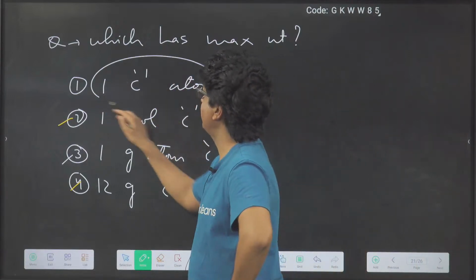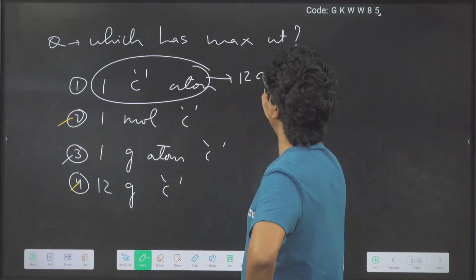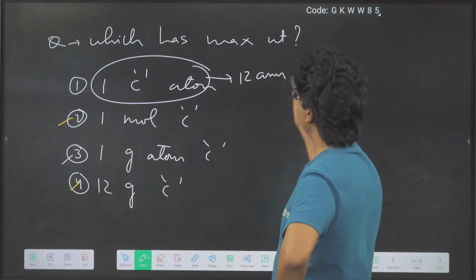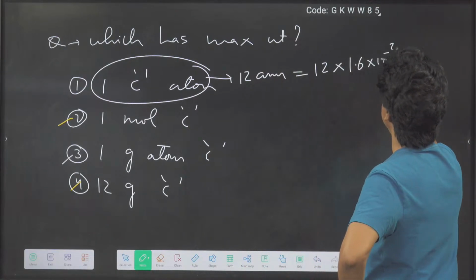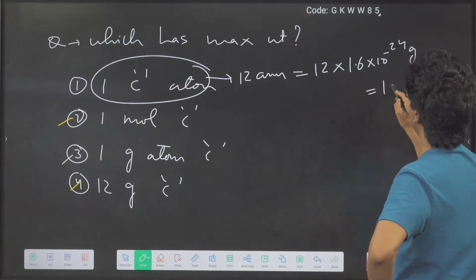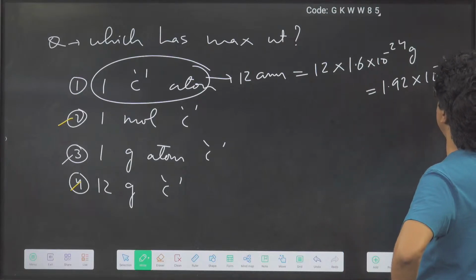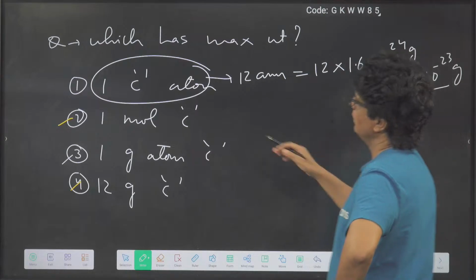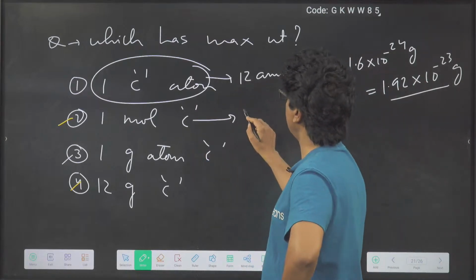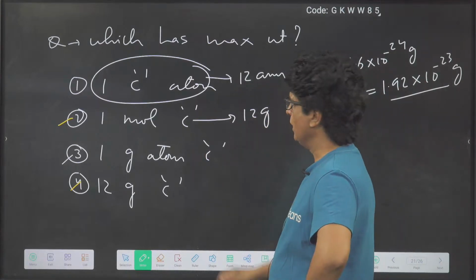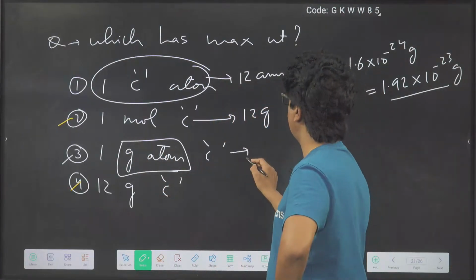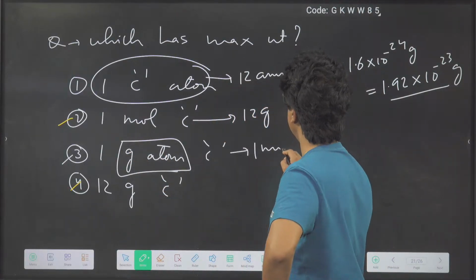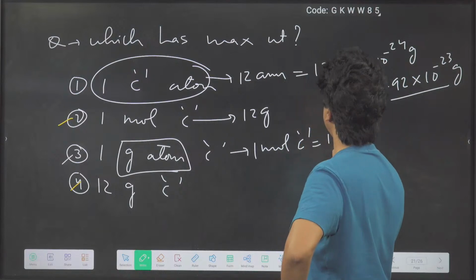1 carbon atom has a weight of 12 AMU, right or not? And in terms of gram, this is 12 into 1.6 into 10 to the power of minus 24 gram, so about 1.92 into 10 to the power of minus 23 grams. Now 1 mole of carbon is 12 gram. And 1 gram atom of carbon is again 1 mole of carbon, which is 12 gram.